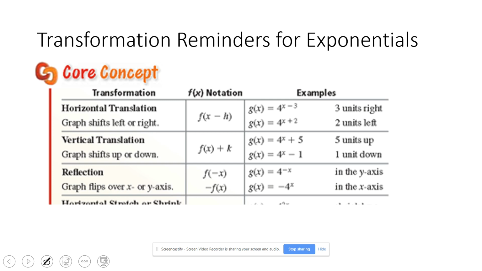So for our exponential equations, we're looking at 4 to the x minus 3 power versus 4 to the x and then minus 3.